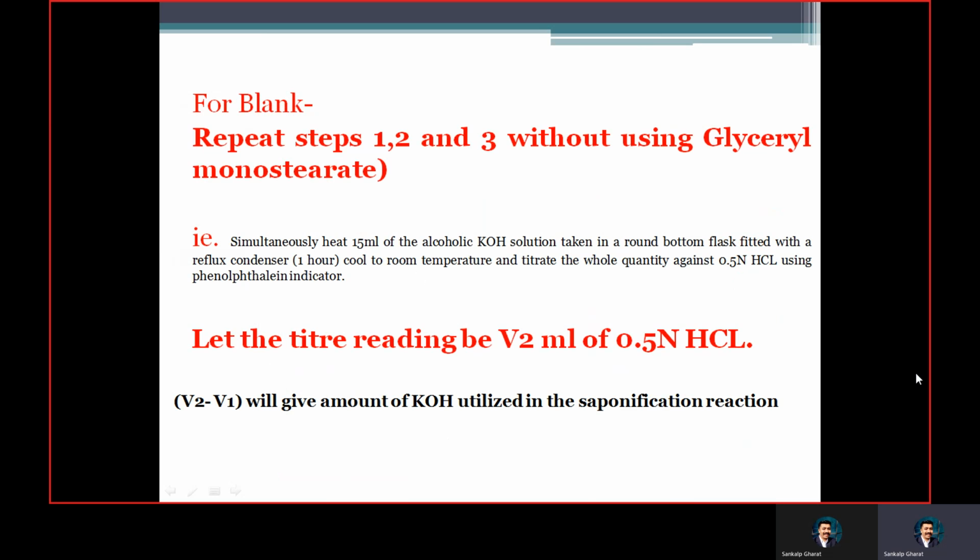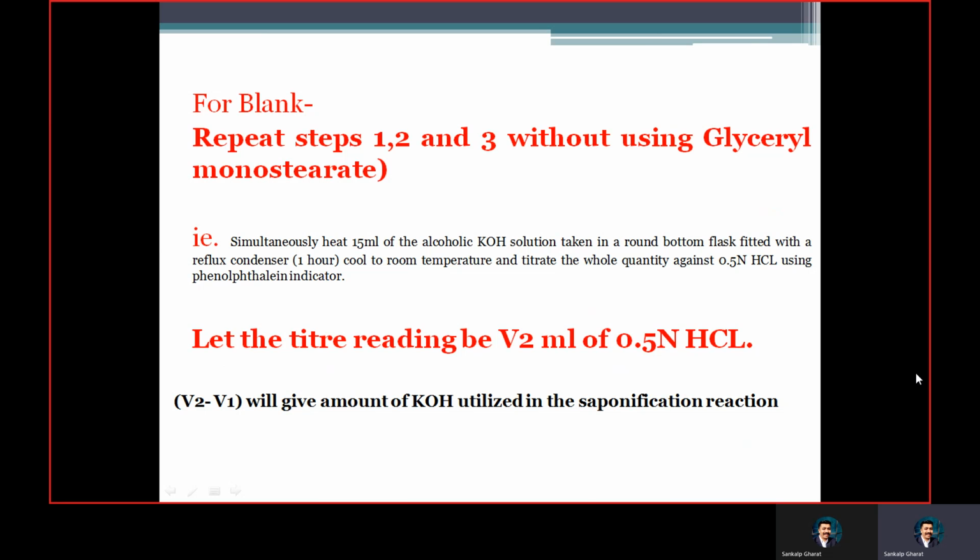Then for the blank, we repeat the entire steps 1, 2 and 3 without using glyceryl monostearate. That is, we take 15 ml of alcoholic KOH solution in an RBF, but please note that we don't add glyceryl monostearate because it is a blank reading.